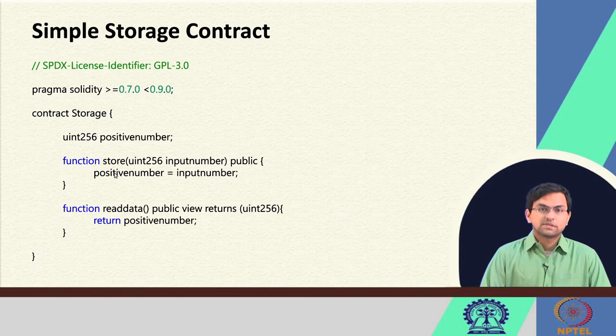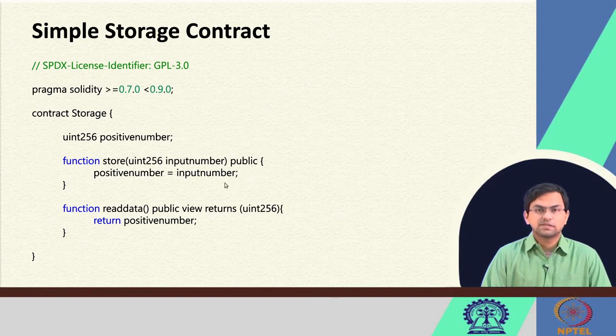For changing the value of this variable, we use one function called store. So, function store. It takes one input, which is of the same type, uint256, and then we define it as public. What public means is that it can be executed from outside the contract, by users.